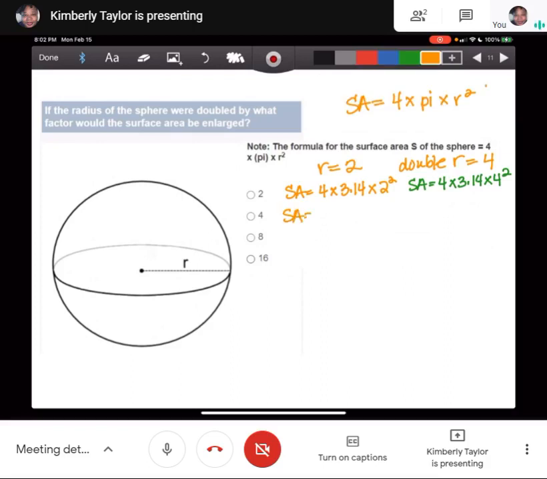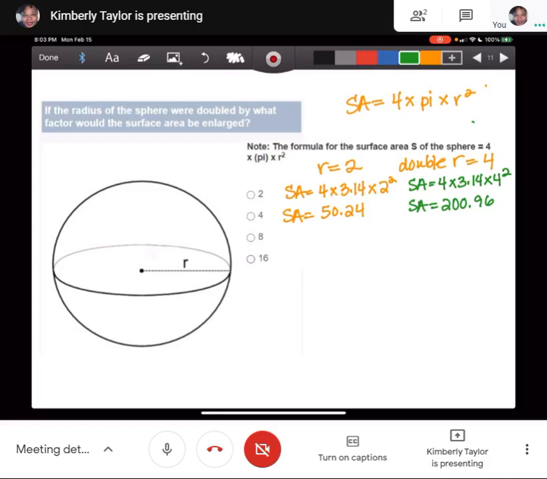When I put this in the calculator, I get 4 times 3.14 times 2 squared, which is really 4, I get 50.24. Now let's do the one in the green. 4 times 3.14 times 4 squared, which is 16. I get the surface area of 200.96.